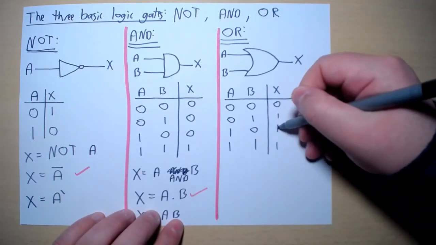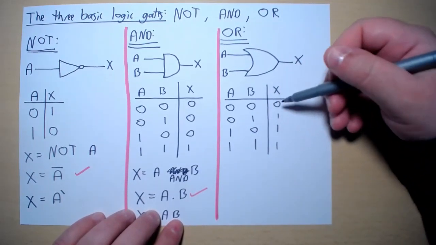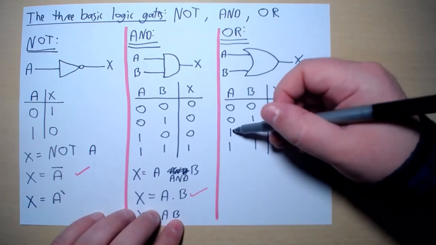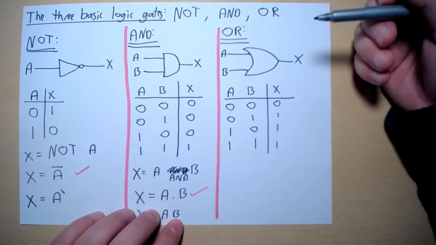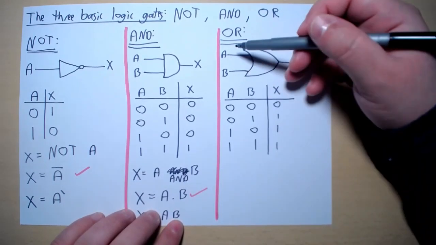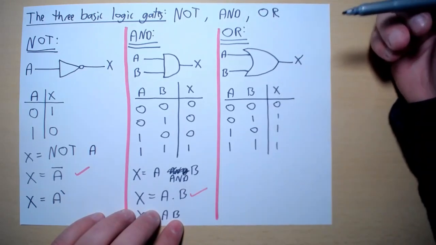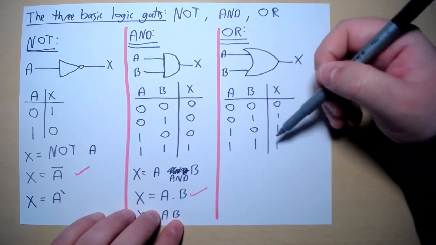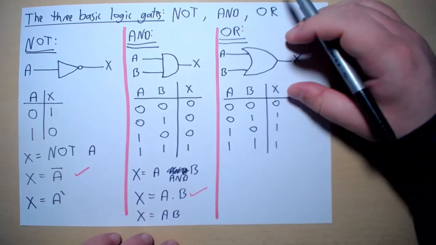And if you notice what's happening, basically the OR gate is giving us an output of a 1 whenever there is a 1 in the inputs. So in this case, X is 1 when either A or B is 1. Obviously, if both of them are 1, the output will be 1 as well.